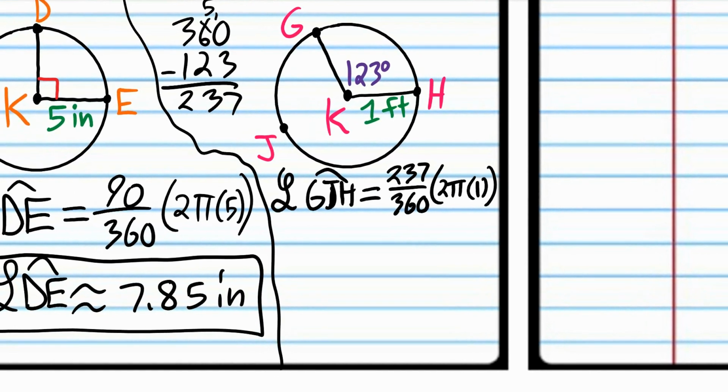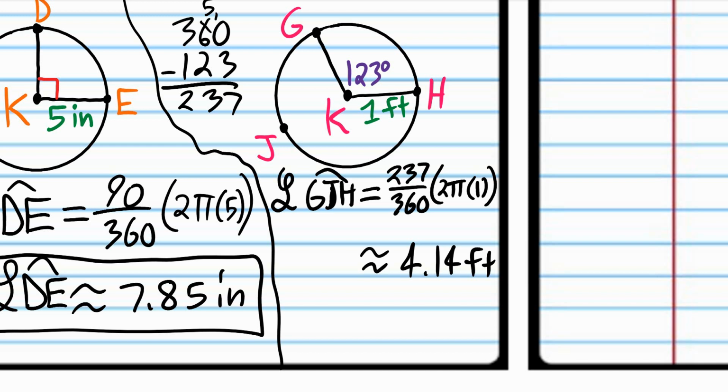And so again, we just get out our calculator. So 237 divided by 360 equals times 2 equals times pi equals times 1 equals. Of course, we don't really have to multiply by 1 because that doesn't really change anything. So then we get 4.14, and that is feet.